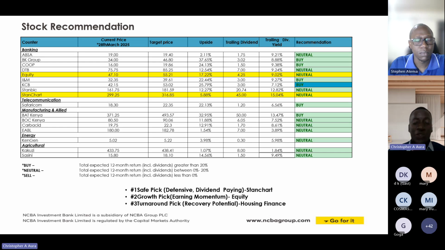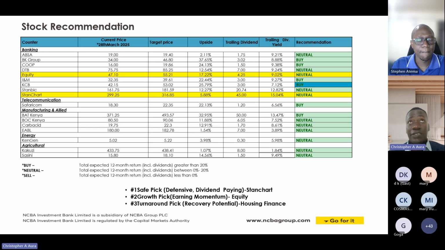But moving into 2025, I don't expect to witness such a decline in the balance sheet because, one, the central bank is trying to ease the interest rate environment by ensuring an accommodative monetary policy stance. They have been reducing the CBR since quarter four last year, and now we are at 10%.